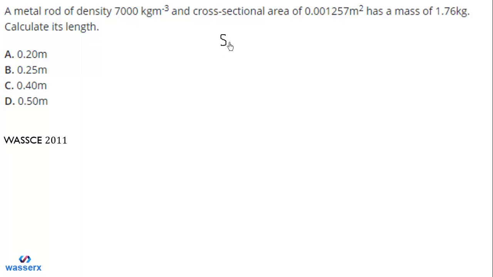So we recall the formula for the density of a substance. Density, which is represented by rho, is equal to the mass per unit volume, mass over the volume of the substance.